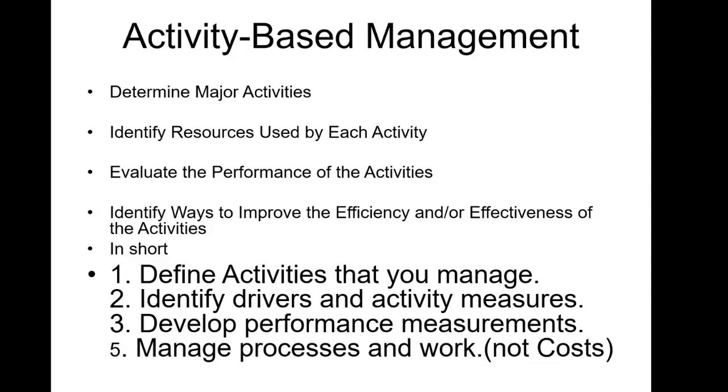Evaluate the performance of those activities. Identify ways to improve on the efficiency and or effectiveness. Remember, efficiency was to achieve the same results with less inputs. Effectiveness is to get more output with the same input.